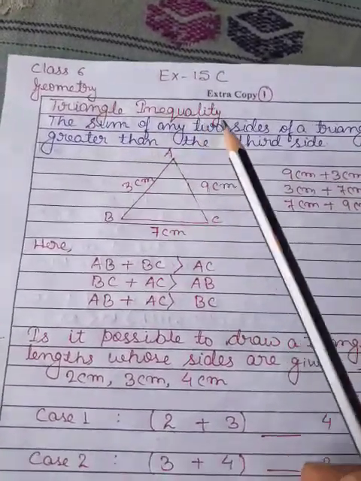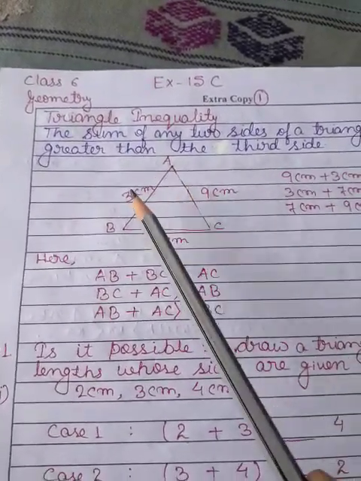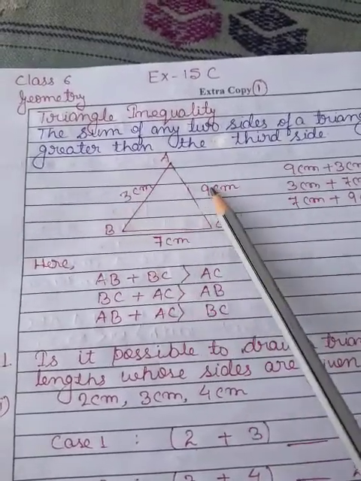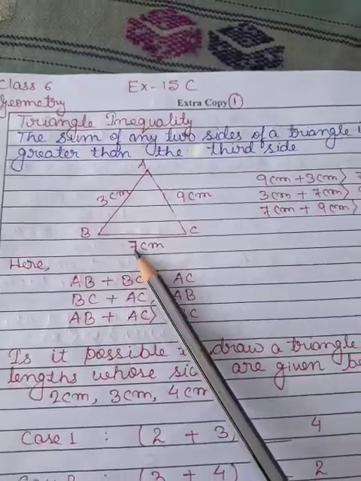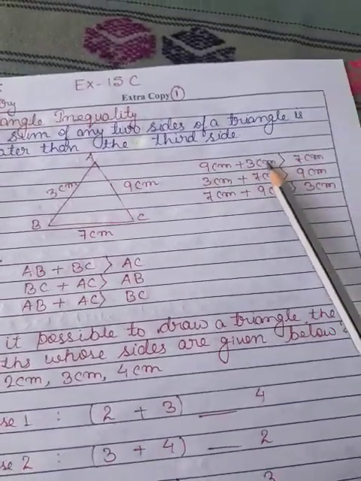Now add any two sides. For example, if we add 3 and 9, how much? 9 plus 3 is 12, and 12 is more than 7.